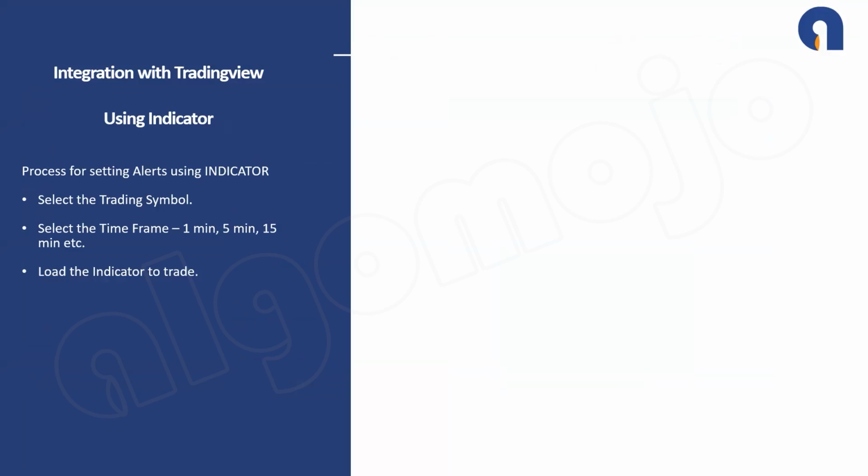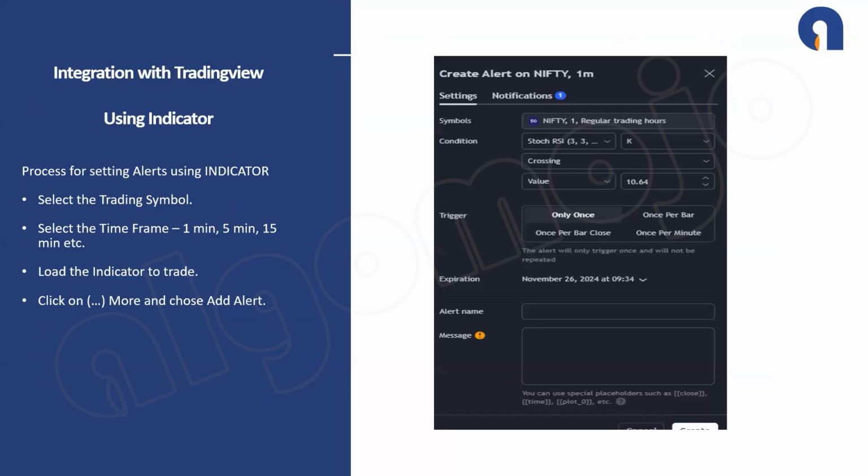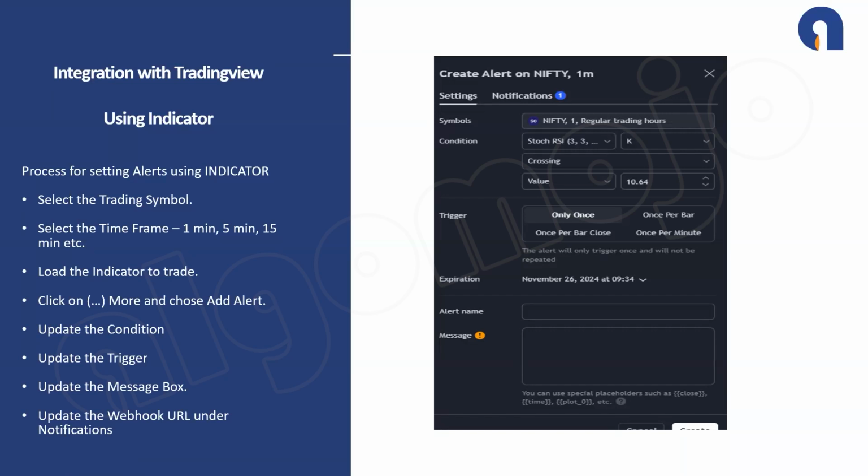Trading symbol is the first step, then time frame, and then note the indicator that you want to take an entry or exit on. Click on the three dots, and then update the condition and trigger. Give it a name, and in the message box, go to indicator, TradingView indicator, copy that buy or sell, whatever you're creating. For indicators or price-based actions, you'll always need to create two alerts, one for entry and another one for exit. That's it. Update the condition, update the trigger, and update the message box, update the webhook URL.